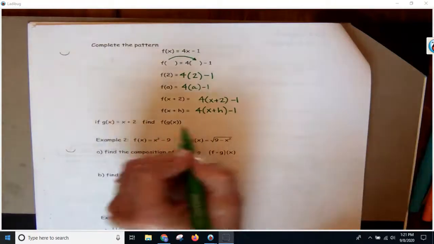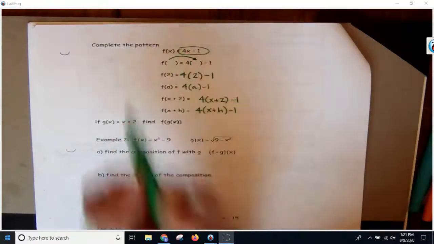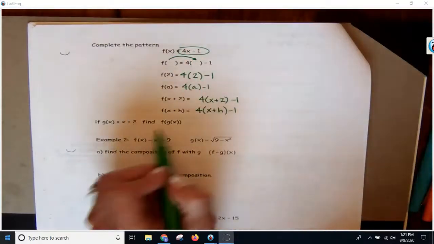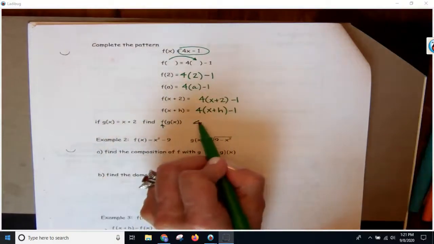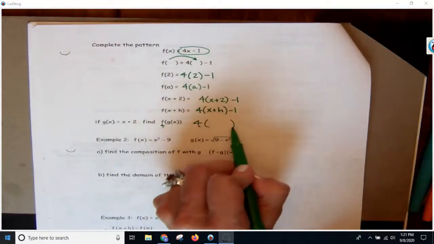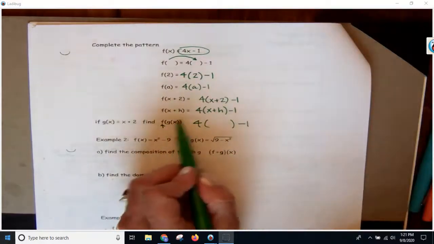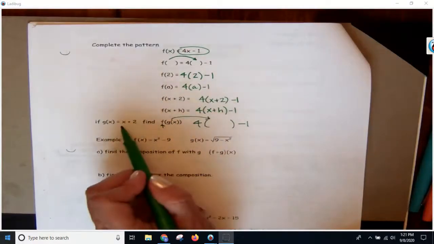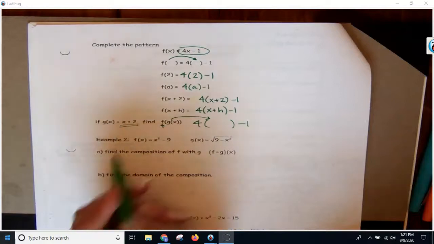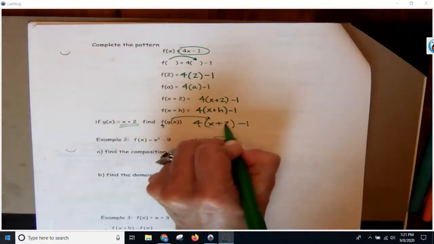x. So what you do is you start with your f of x. You start with your f function, because that's the first one. And you write that, but instead of x, I'm just going to put parentheses minus 1. Then what goes inside of here is your g of x function. Well, my g of x function is x plus 2, so I'm just going to put x plus 2 there.